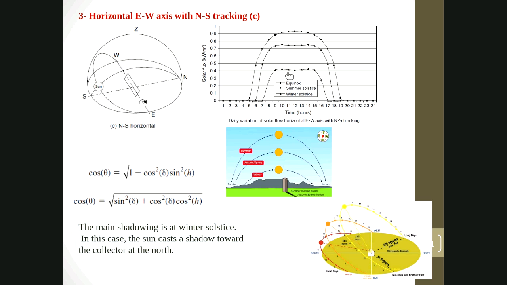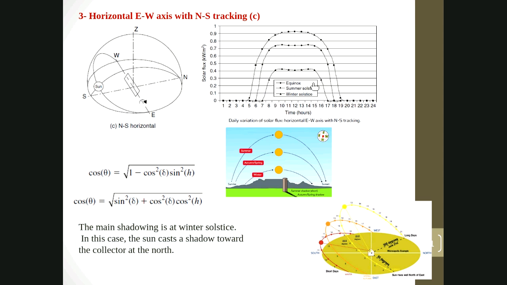And in this case, at winter we have very low radiation, most probably due to the shadow towards the north. So if I have north-south tracking, I always expect low radiation. We always have low at summer and at winter, but in this case it will be lower in the winter.